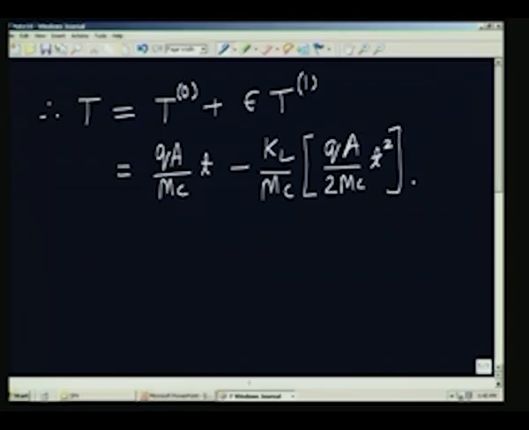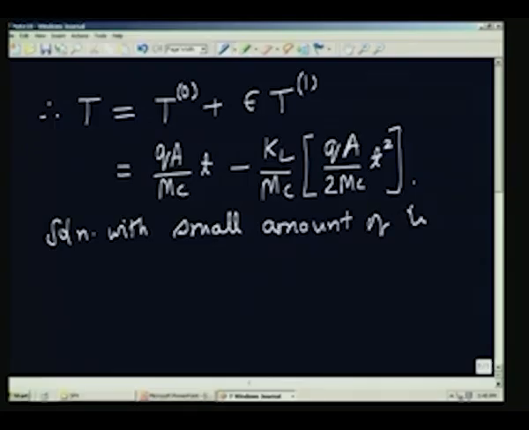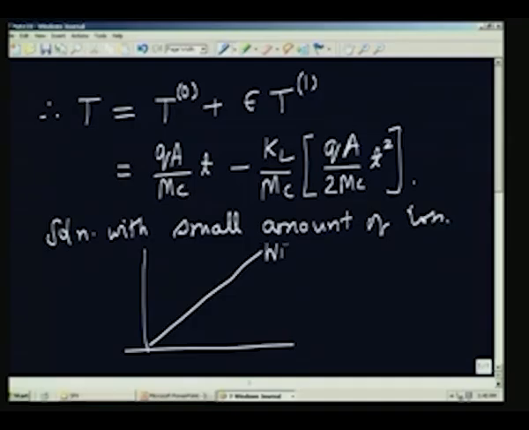So, this becomes the solution with a small amount of loss. If I were to make a plot of the response, I will get the following. Without loss, I will get a straight line. This is without loss.